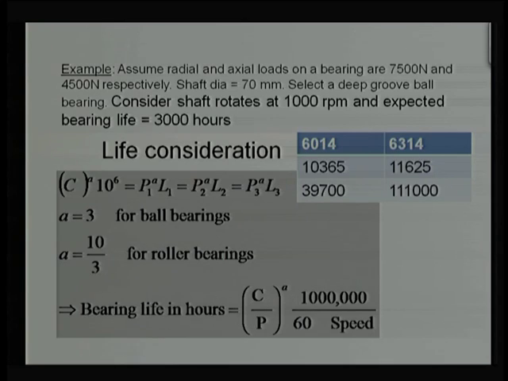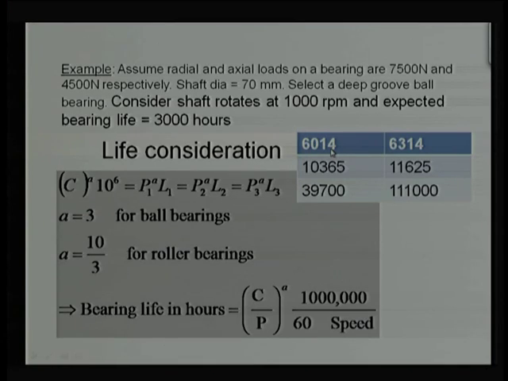Its dimensions will be more than 6014. If there is a restriction or constraint on space, say we don't have much diametral space and have to keep within an envelope of dimensions, naturally we have to choose the bearing from that angle.